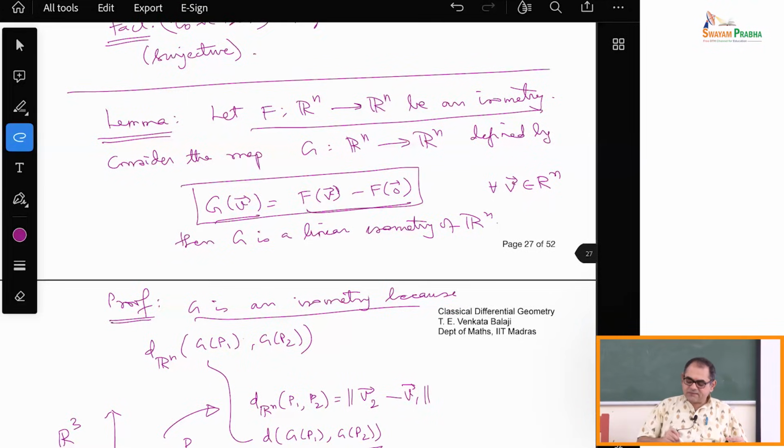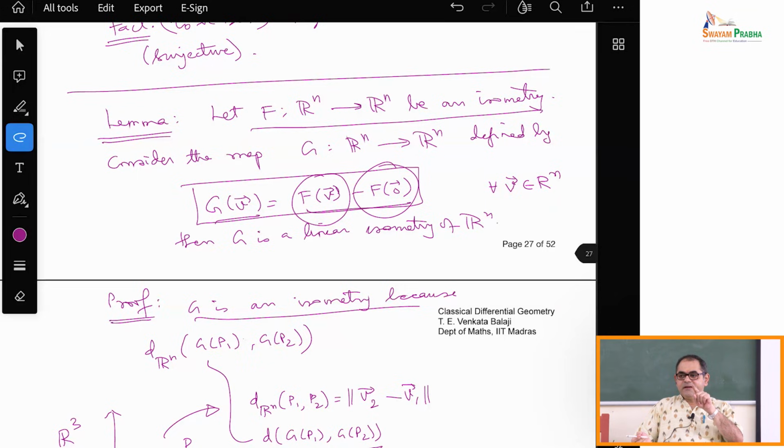Translation is an isometry. Okay, and basically what I am doing here is, if you give me any isometry, when I define this G, GV is FV minus F of 0, what you are doing is you are applying F to V, then this minus F of 0 is translation by minus of that vector which f of 0 is.